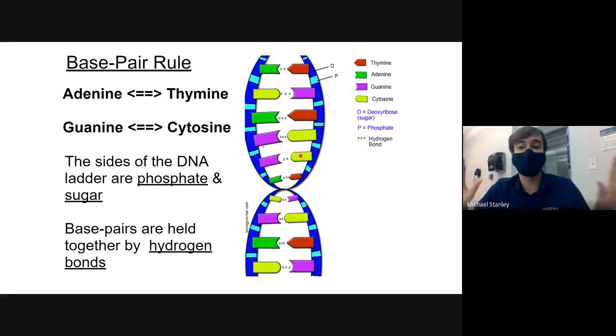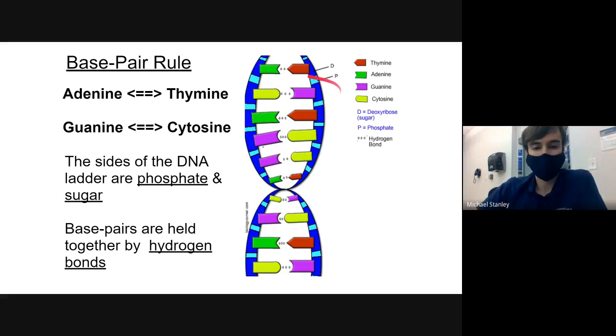All right, so if you take nothing else away from the notes tonight, remember that A goes with T, G goes with C. So then again, we have that phosphate and sugar kind of siding going along the outside.